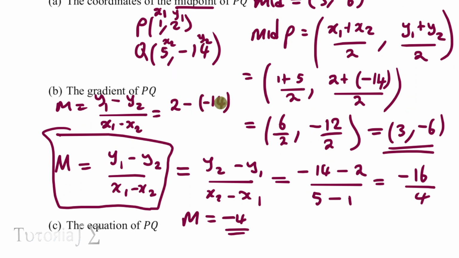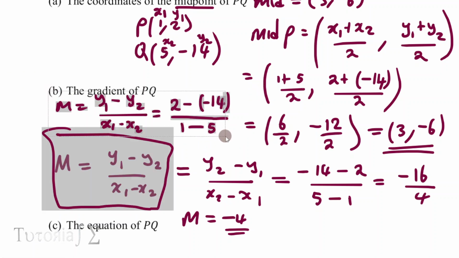Make sure that if the number has a negative, you put it in brackets so that it doesn't conflict with that negative. Then divide by our x1, which is 1, minus our x2, which is 5. Let me just drag this on top here so that we can see it properly.